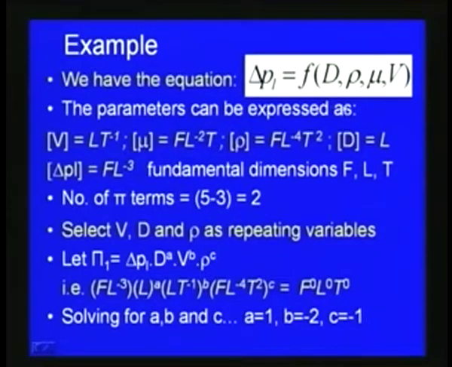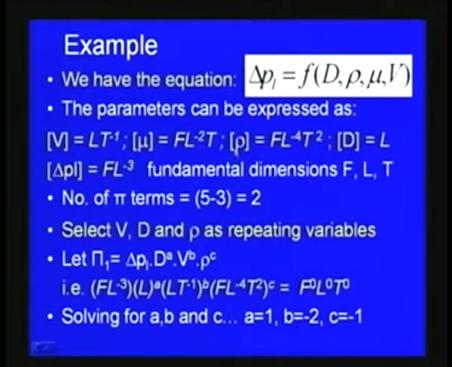For each variable we will represent it in terms of the fundamental dimensions. v is represented as L into t to the power minus 1, mu is represented as F into L to the power minus 2 t to the power 1, and rho is represented as F to the power 1 L to the power minus 4 t to the power 2. d, the diameter, is represented as L, and delta p L, the pressure drop, is represented as F into L to the power minus 3. So, the fundamental dimensions are F, L, and T: force, length, and time.